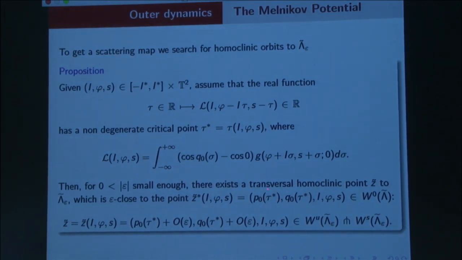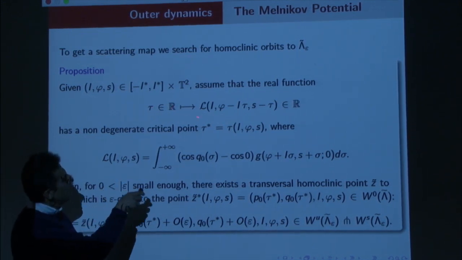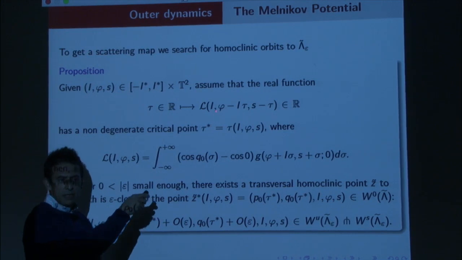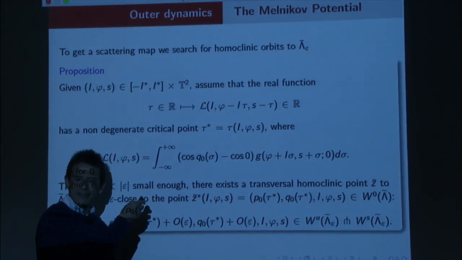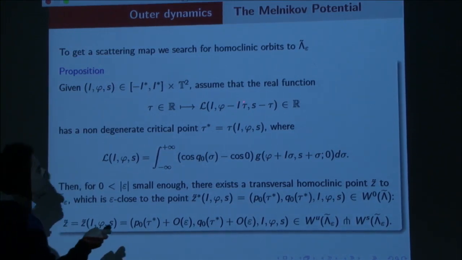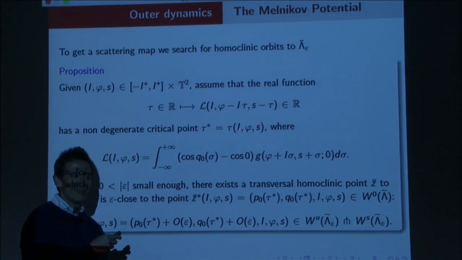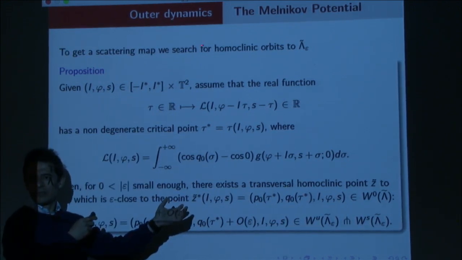This is important because look, this function that appears here, depending on I, can be periodic or quasi-periodic. By the way, this is a real function. One can check that if I is rational, this is periodic, and if I is irrational, this is quasi-periodic. So if it is quasi-periodic, it has an infinite number of non-degenerate points in general.